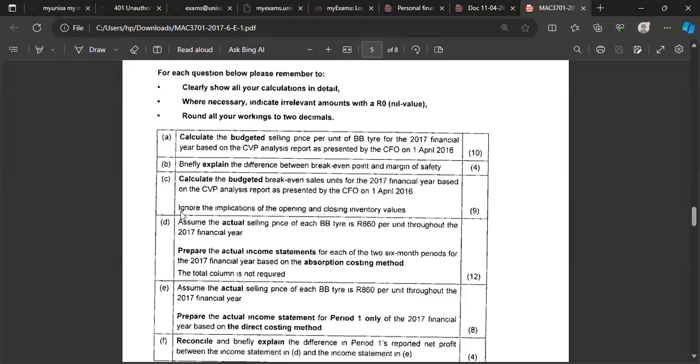So this is where you might want to make use of the amounts that you got there. It's another 10 marks. With the formula that we've given, it's going to be your fixed cost divided by contribution per unit, of which our calculation already gave us contribution per unit, so you can simply bring that over on the next question there.